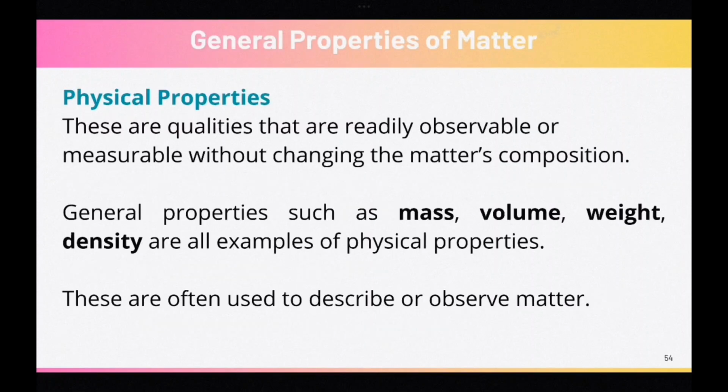For the general properties of matter, we have here the physical properties. The physical properties are the qualities that are readily observable or measurable without changing the matter's composition. Generally, those are the qualities that are observable, which we use in observing mass, volume, weight, or density.